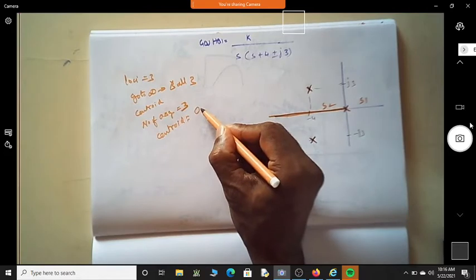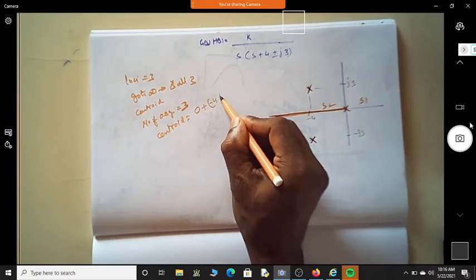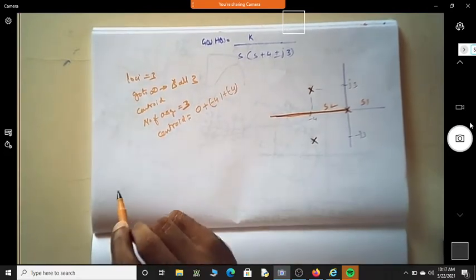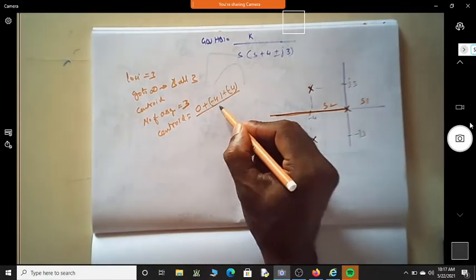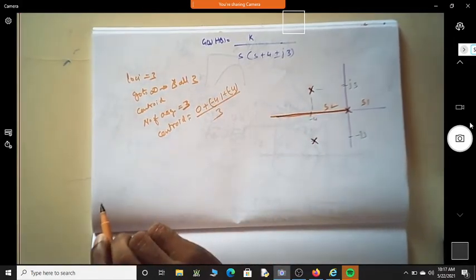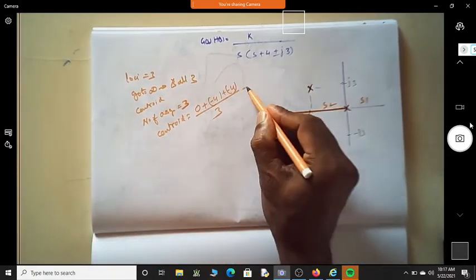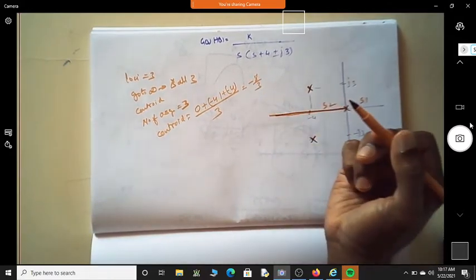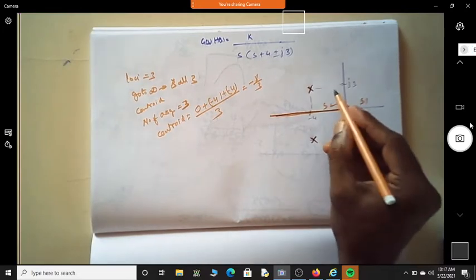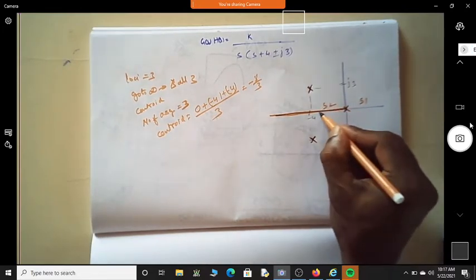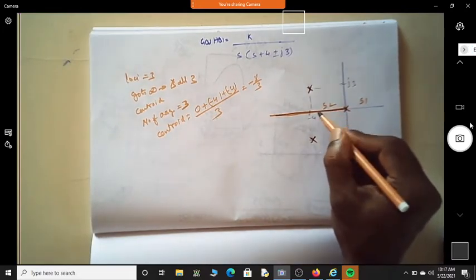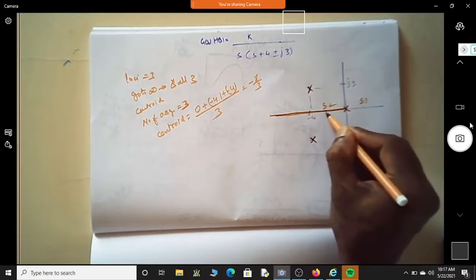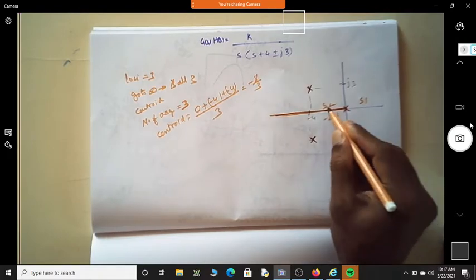Is it 0 plus -4 plus -4, divided by 3? So is it minus 8 by 3? That is minus 2.66. So this is the centroid.